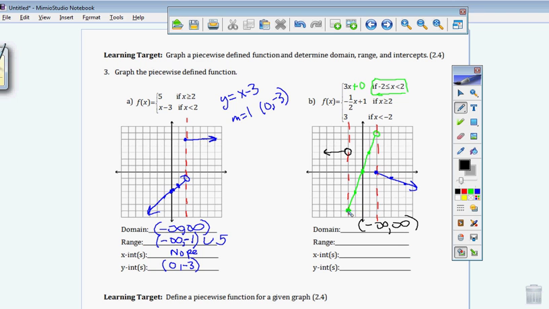The range, the lowest this graph is going to get is 1, 2, 3, 4, 5, 6, negative 6. So negative 6 is the lowest this graph gets, but wait, look at this section of the graph. Isn't this going to continue to go down forever and ever? So it's not just right here.